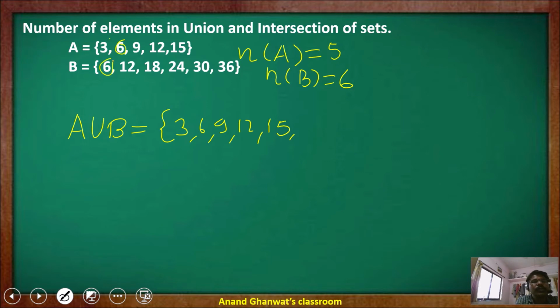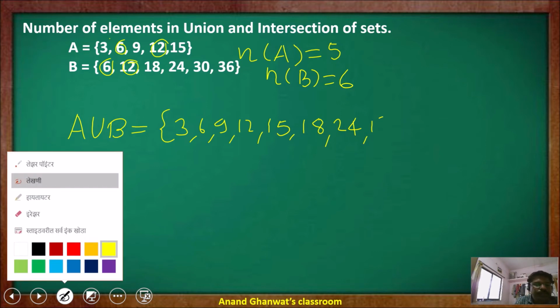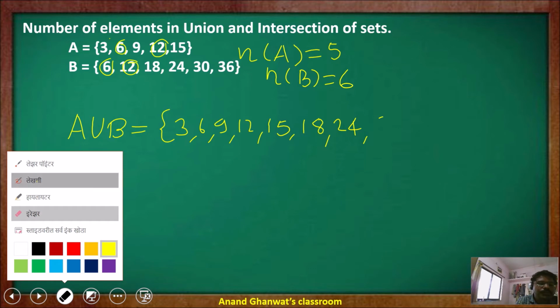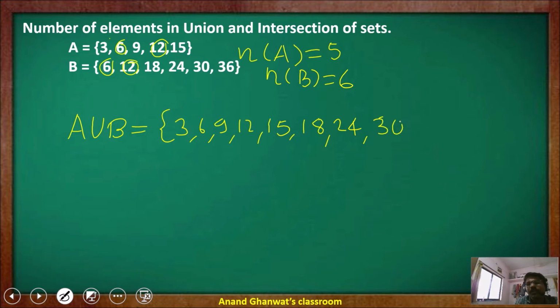So 6 and 12 should not be repeated. Now the remaining elements in B: 18, then 24, then 30, then 36.